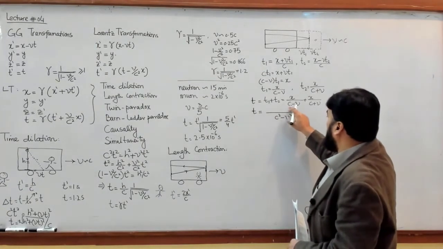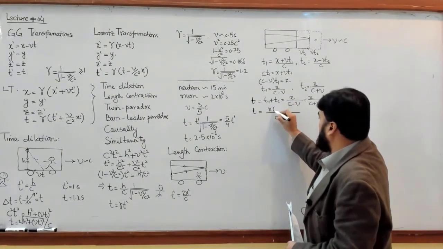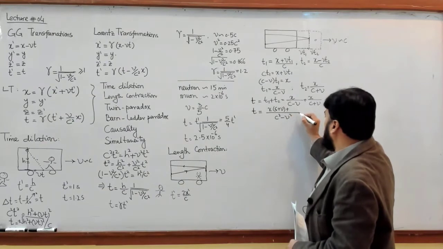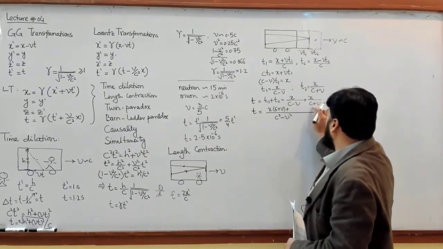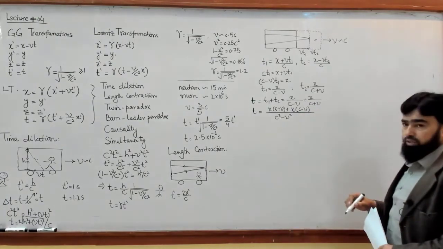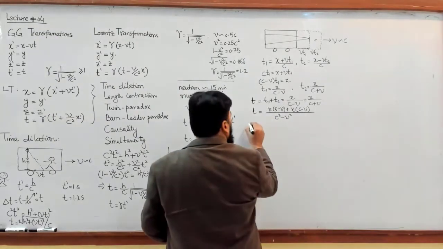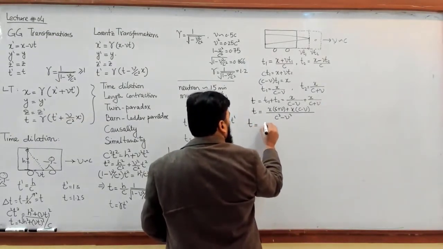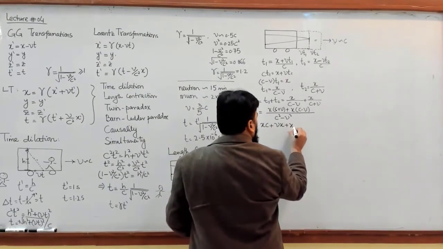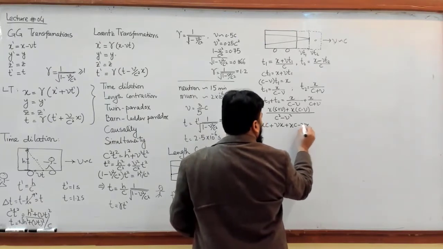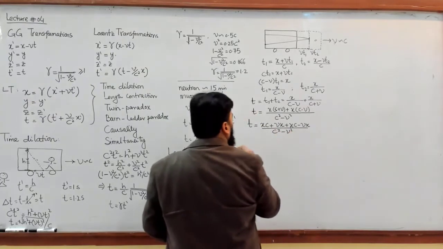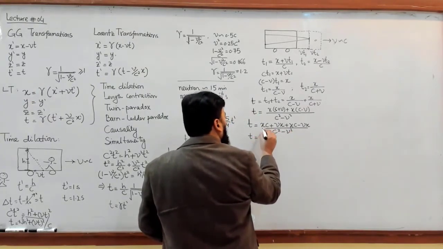In the numerator, x is here, c minus v is here, so c plus v goes here, plus x with c plus v here, so c minus v goes here. The total time is then xc plus vx plus xc minus vx, divided by c squared minus v squared.